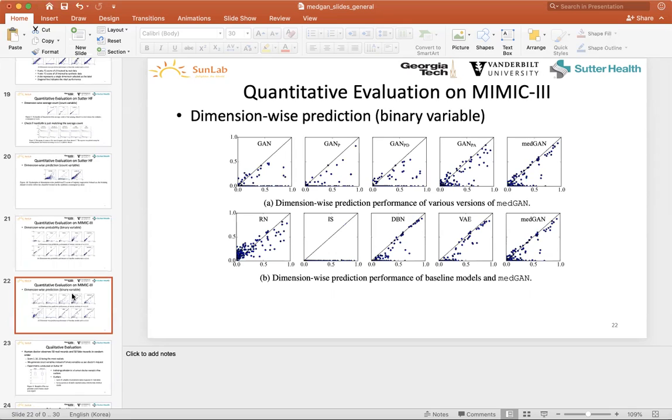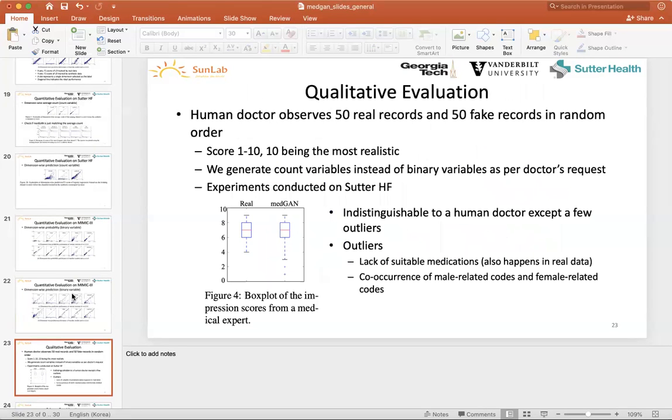I'm gonna skip this. All right, so the fun part. So far it was all quantitative evaluation. We were talking about dimension-wise probability and dimension-wise prediction, and just showing a couple of examples from different data sets.